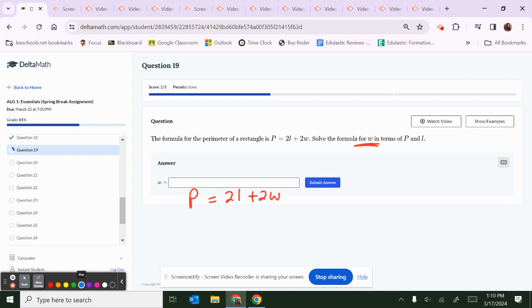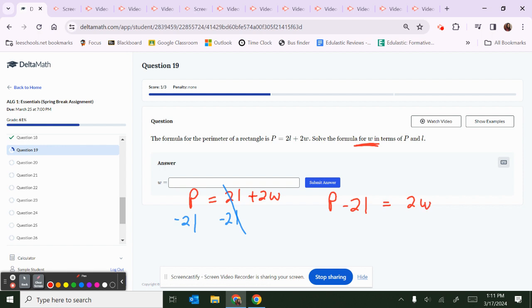To move a positive 2L to the other side, I would subtract 2L. This will get canceled. And can I subtract 2L from a P? No, because they're not the same letter. They're not like terms. So I write it as P minus 2L is equal to 2W.